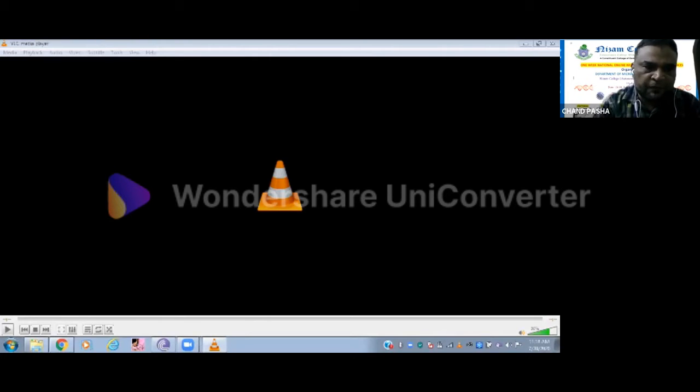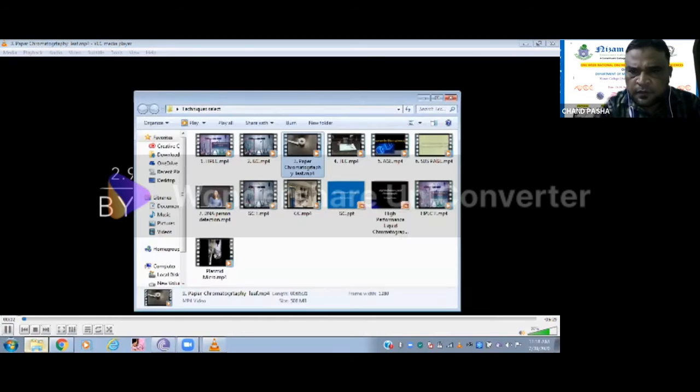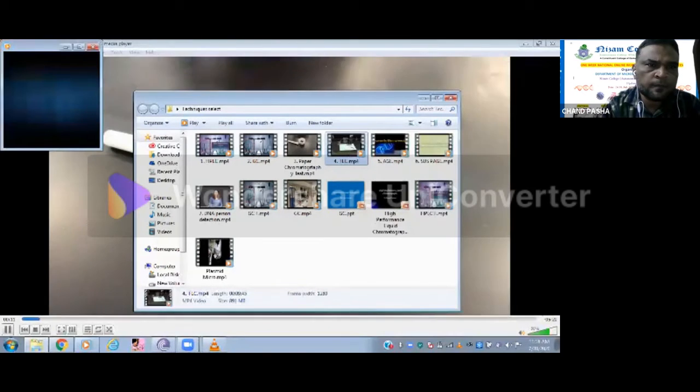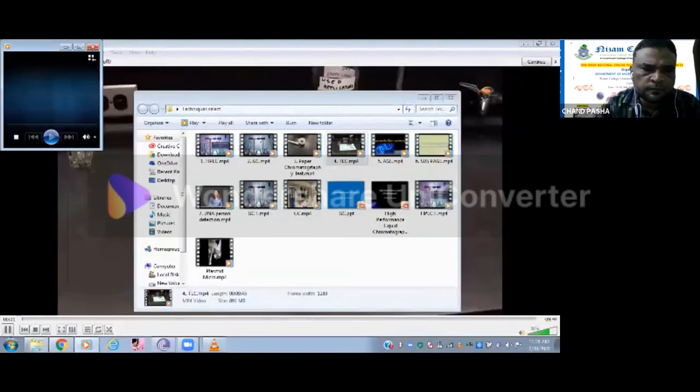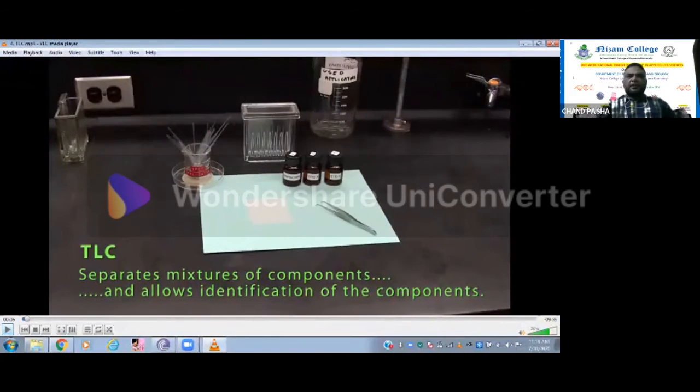Thin layer chromatography works on the same principle, and it is also a partition chromatography, but here we apply a larger amount, the thickness of your stationary phase is thicker than that of paper chromatography.